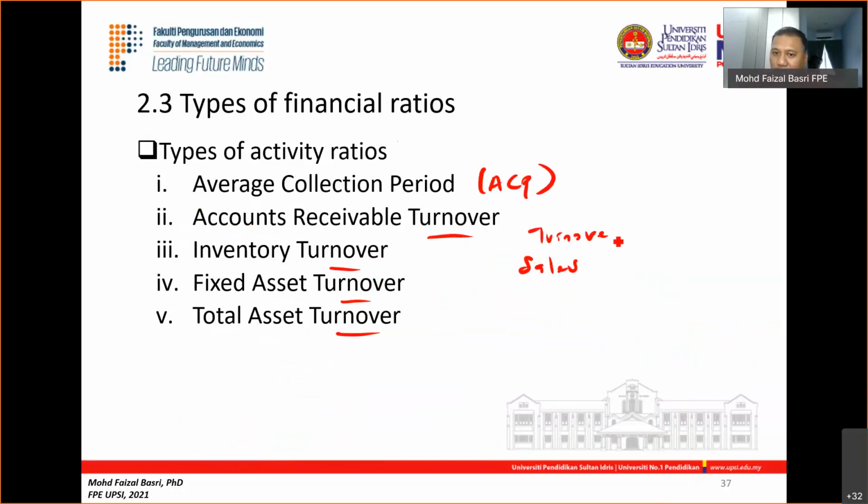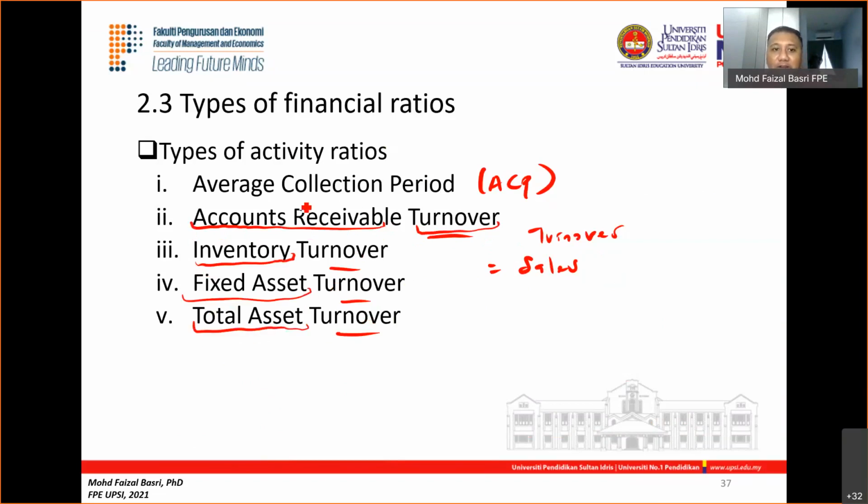Turnover is basically the same as sales. So when you see the word turnover in these ratios, we have account receivable, inventory, fixed asset, total asset. You can associate the word turnover with sales. So there are 2 parts here: account receivable turnover, inventory turnover, fixed asset turnover, total asset turnover.